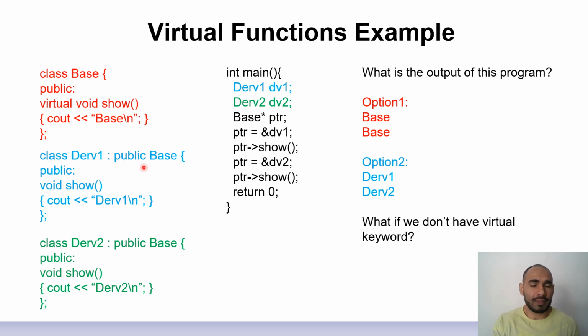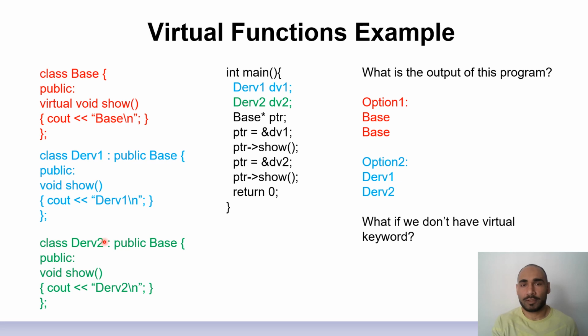And again, in the derived class, we have a method or function called show, and it displays derived 1 whenever we call this function. And then again, in the derived 2, we have a method called show. So if you remember, this is called overriding base class methods. It means we have the show method in the base class. Here we override the show method in the derived class, and we also override the show method in derived 2 class.